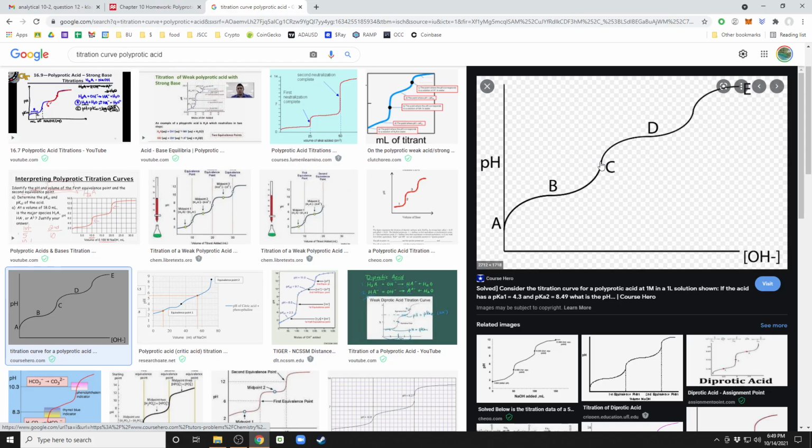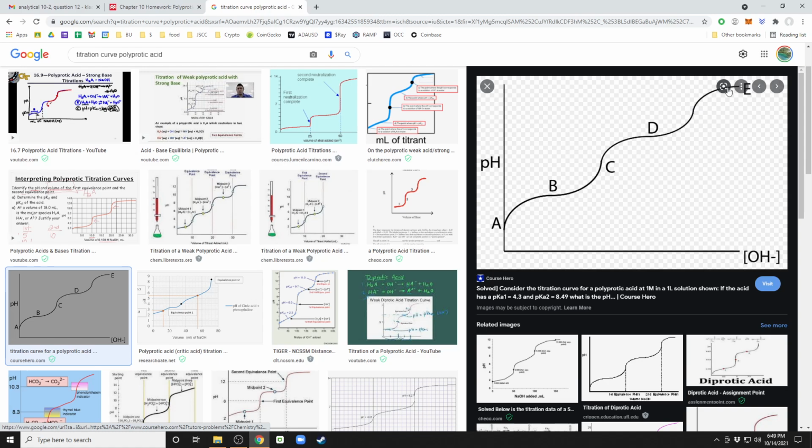And then after this point, it's going to start losing that second H plus. And that's going to mean that you're going to have a mixture. At this first leg, it'll be mostly HCO3. And at the next leg, after you reach this midpoint and go past it, it'll be mostly the CO3 2 minus species, until it reaches this point right here, in which case it's all the CO3 2 minus species, and you're completely in the most basic form.